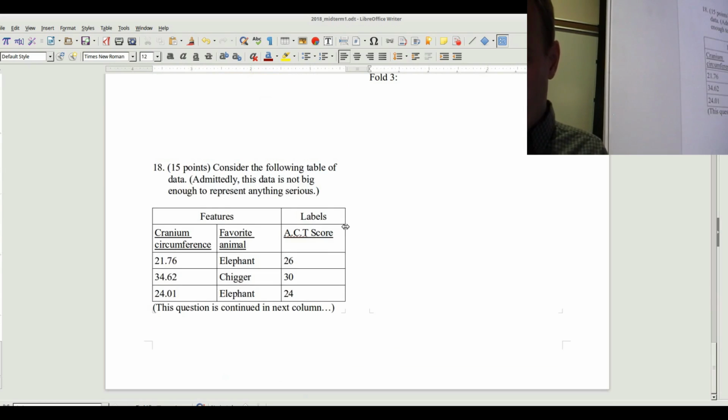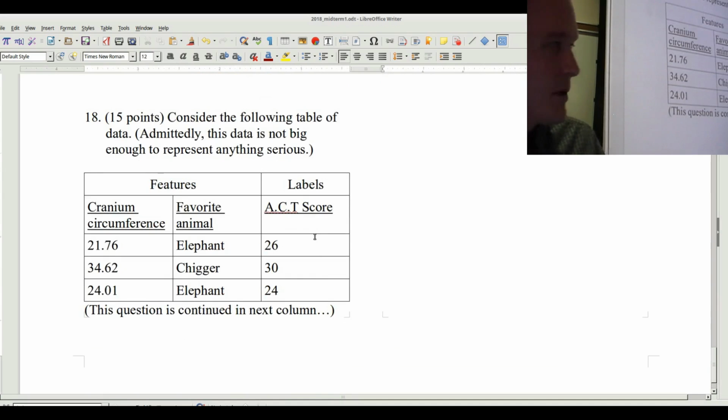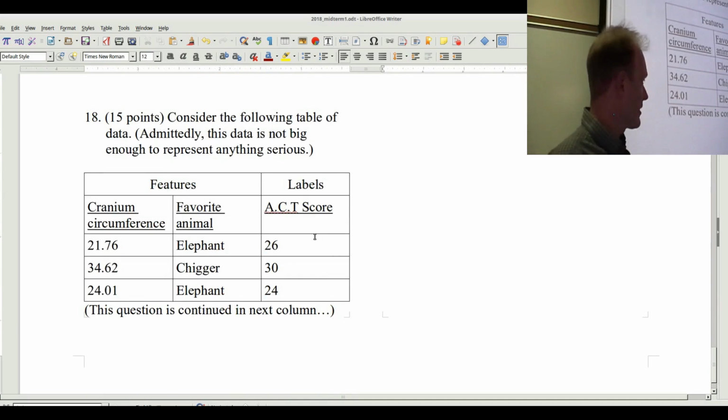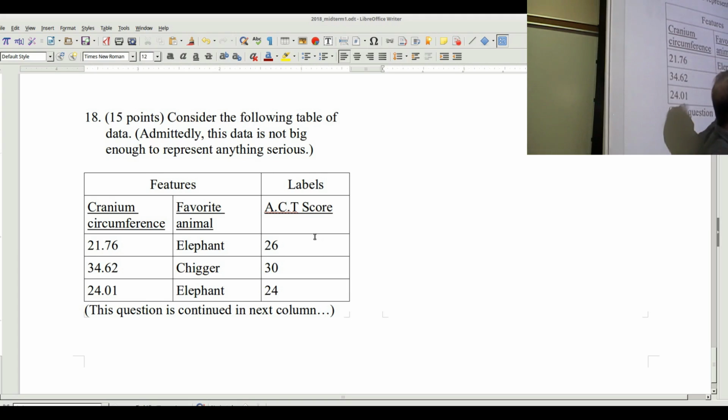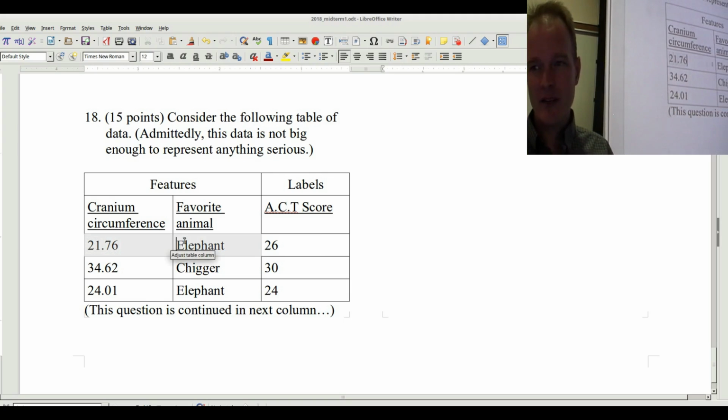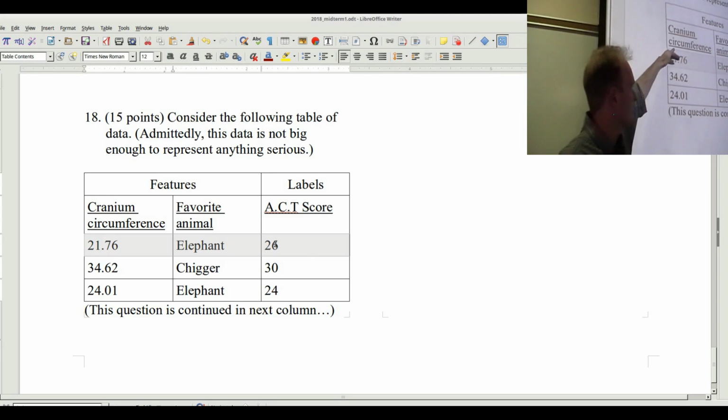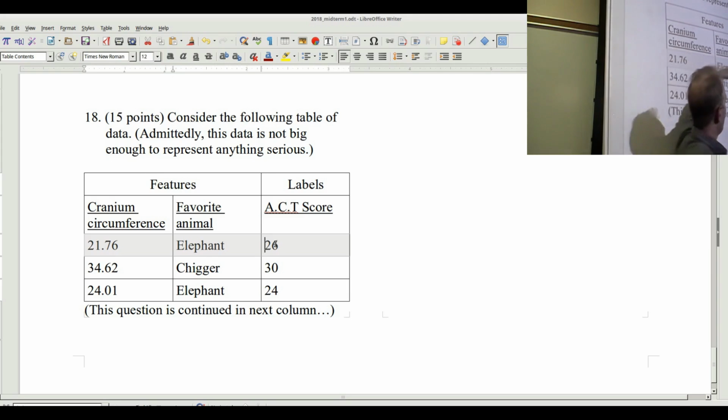So if this is our data, and the baseline algorithm computes the mean of the training data, then what's it going to do? Let's do fold 1. Almost everybody decided that in fold 1 you're going to withhold this pattern. If you did it in some other order, you still got the same answer, so that's okay. But let's do it the same way everybody did it. So fold 1, this is your test pattern, and the other 2 are the training patterns.